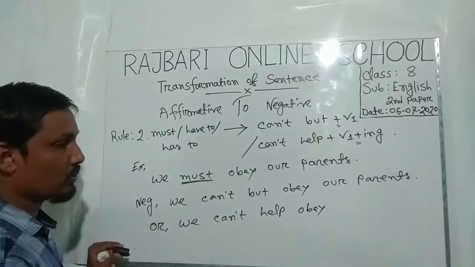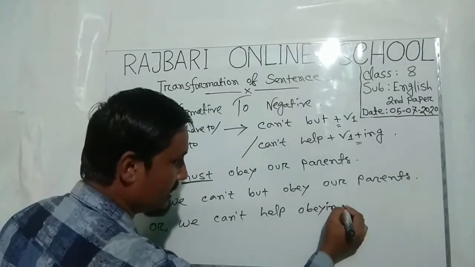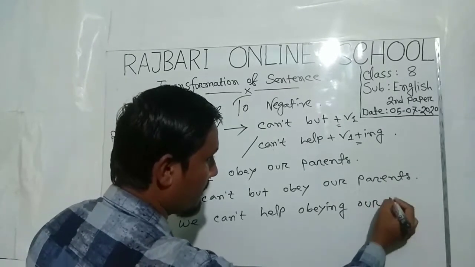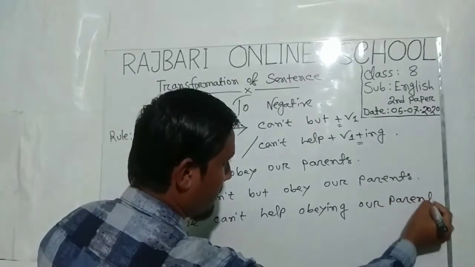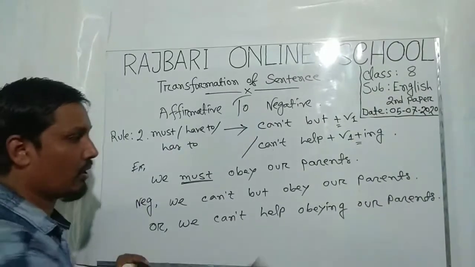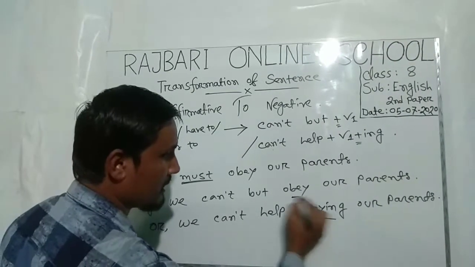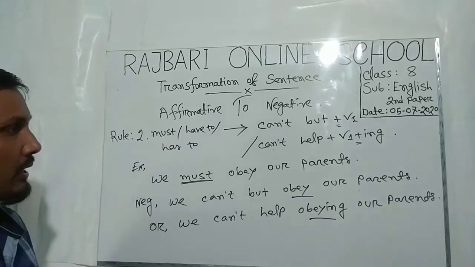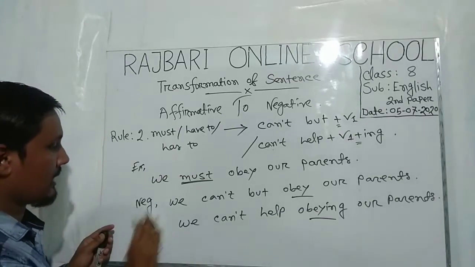You cannot use obey; you have to use ing with the verb: obeying our parents. My dear student, have you understood this matter? I hope you have understood this very well. Let's try to understand another rule.